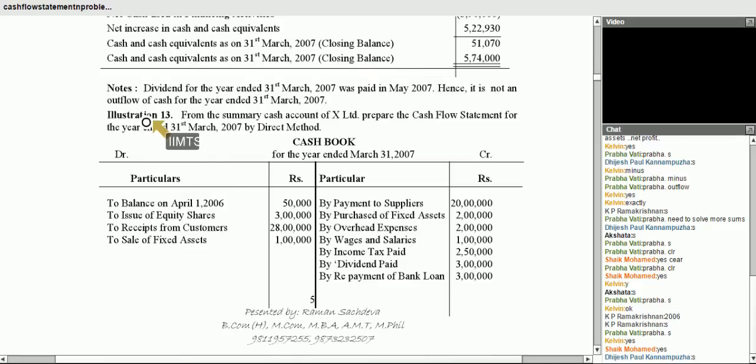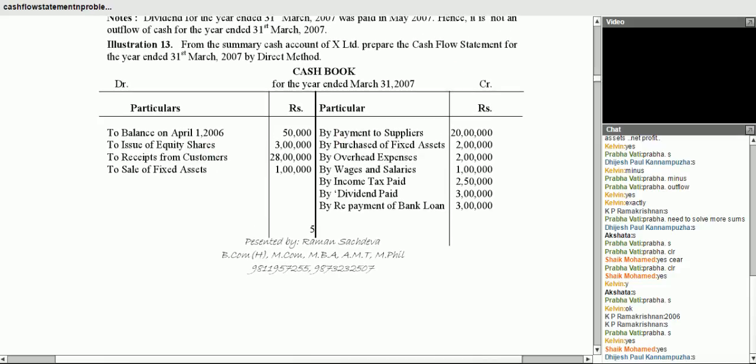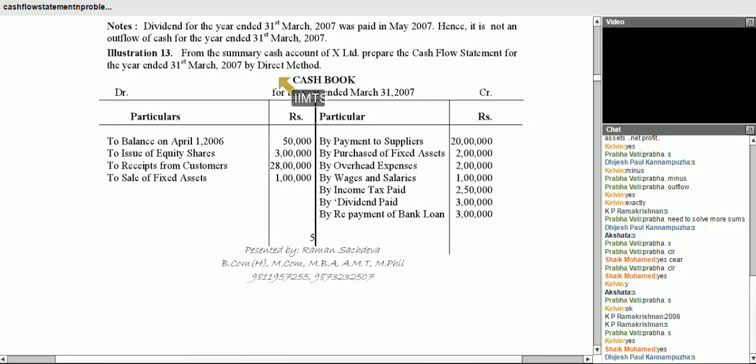This is example number 13. From the summary cash account of X Limited, prepare the cash flow statement for the year ended 31st March 2007 by direct method. These are the details given.